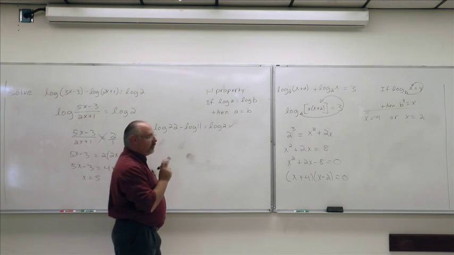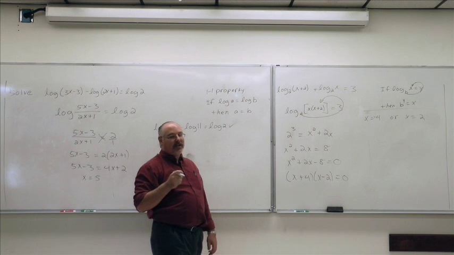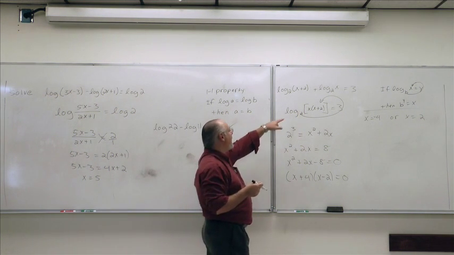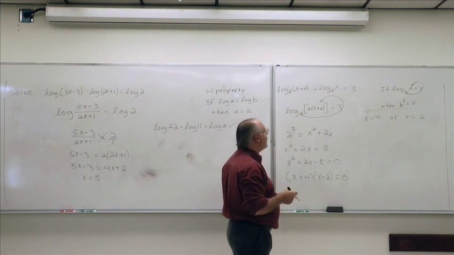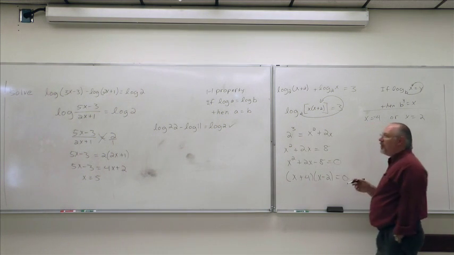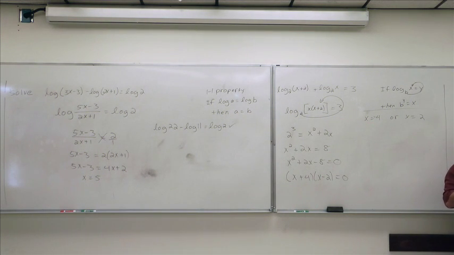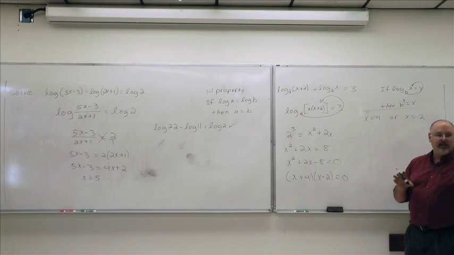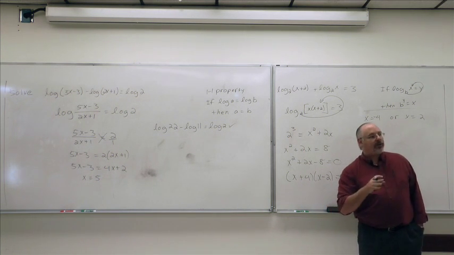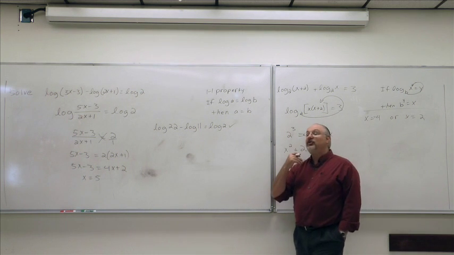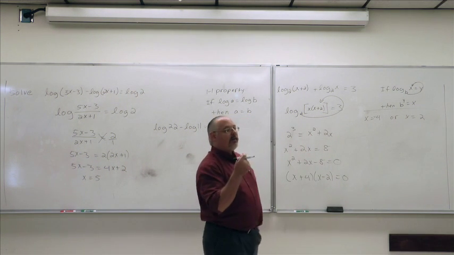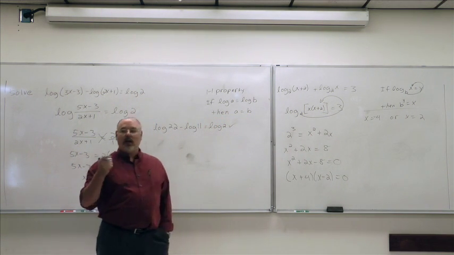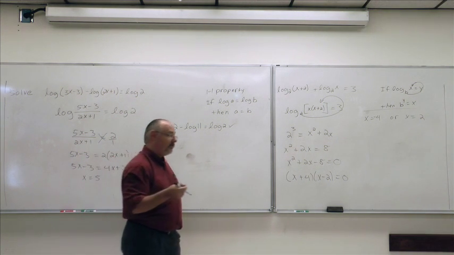Now with these problems, you absolutely have to check your answer. Whenever you get a quadratic, you really have to check your answer. More than anything, what you're checking for is domain. Are these answers in the domain of the logarithmic functions?